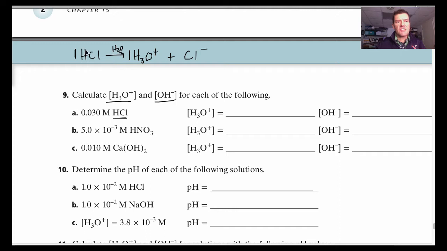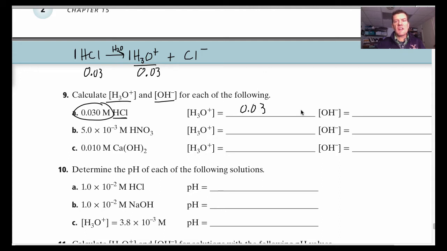So the H+ from the HCl is being added to the water to make the hydronium. So for every one HCl, you're going to get one hydronium. Well, if you've got 0.03 molar HCl, then this is going to be 0.03 as well. Done. 0.03. All right? That's it.